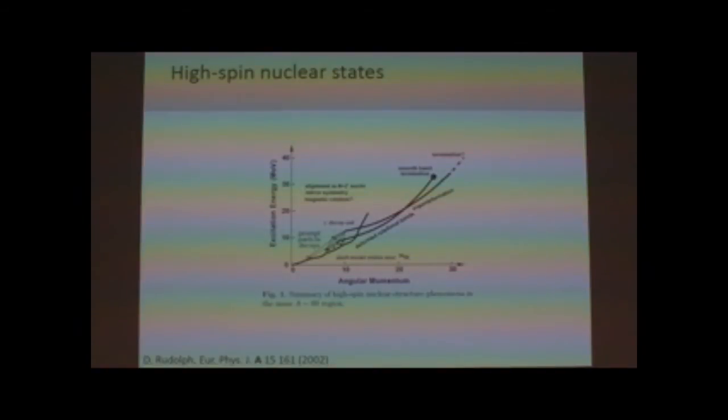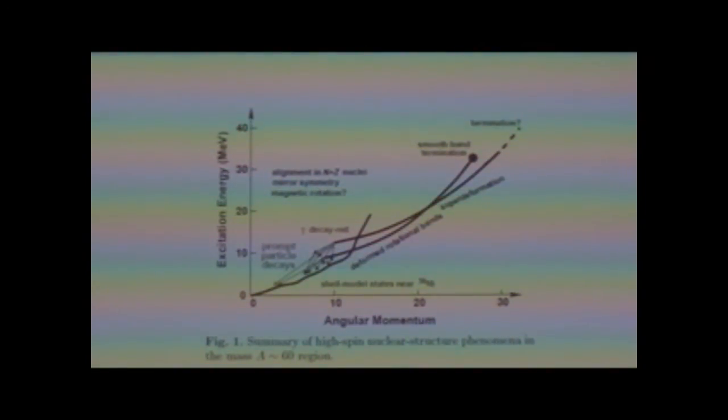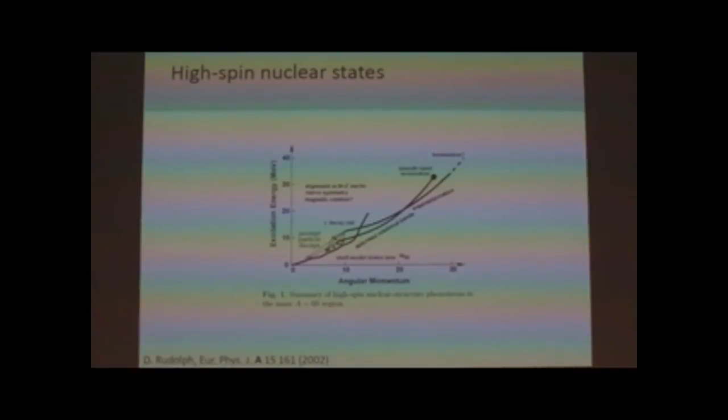In the mass 60 regime, there's a nuclear physicist, Rudolph, with a very large group and more than a decade's worth of studies of collisions. You've got an energetic nucleus coming in, a collision, and then you're producing high spin states of things like nickel and copper, things near iron.